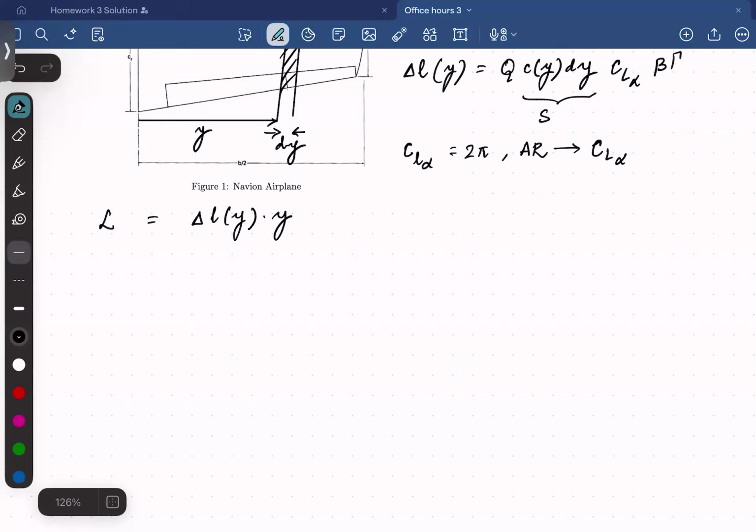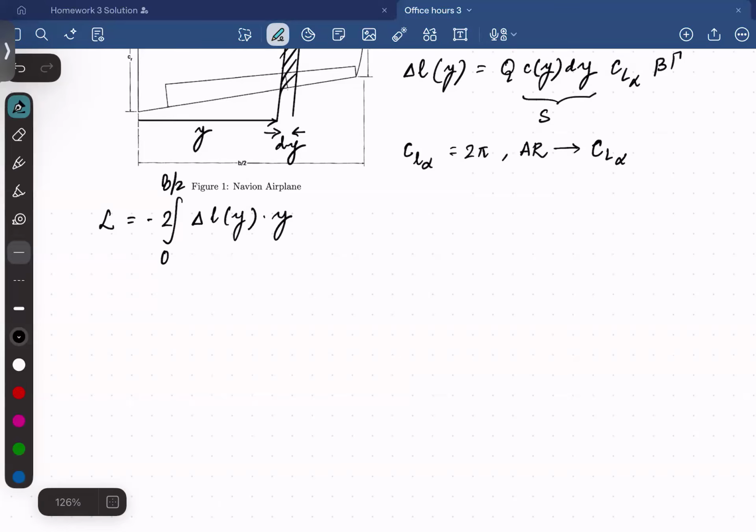Then we want to integrate it from 0 to b over 2, and multiply it by 2, and obviously this will have a negative sign. This will give you an expression in terms of beta, gamma, CL alpha, and so on. And obviously we are looking for CL beta. So when you take the derivative with respect to beta, beta will go away.